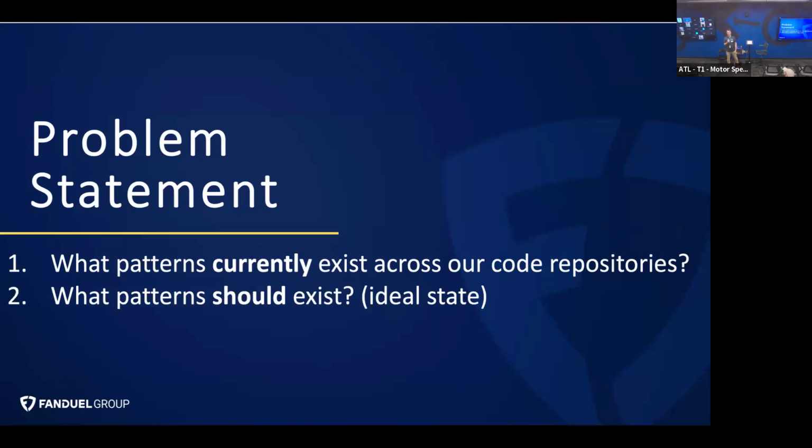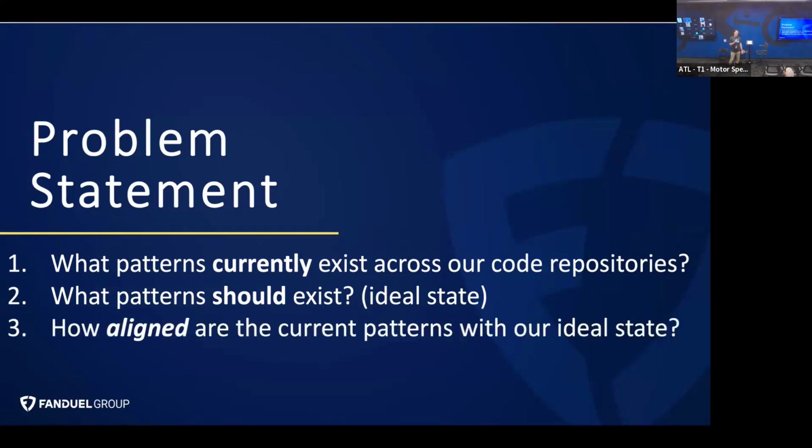What does that ideal state look like, and what does good look like for a source code repository? And then how aligned are the current patterns with the ideal state? Taking what is there, measuring it against what's ideal, and then being able to produce reports on that data.